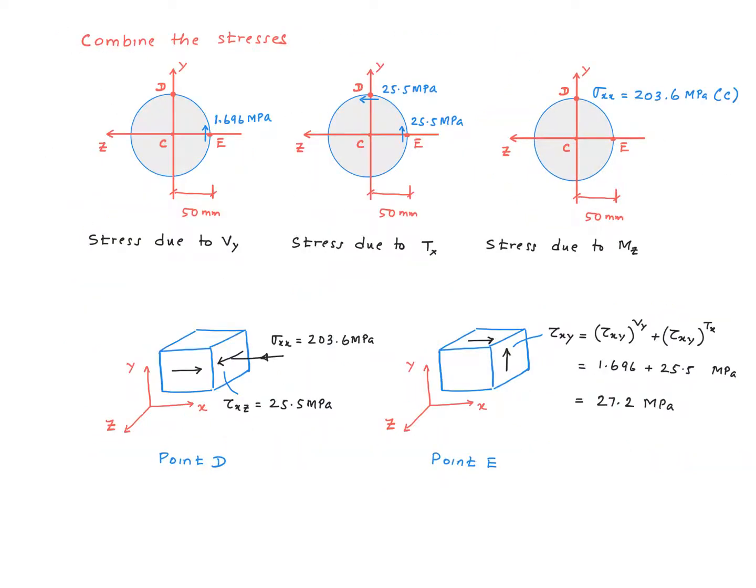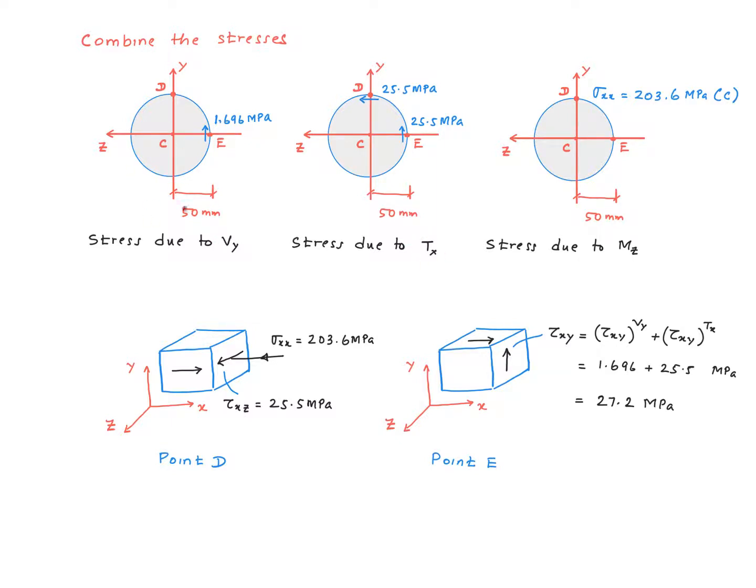Now we combine the stresses, paying attention to the type and the directions. We see that the normal stress is produced only by the bending moment, and the stress is 0 here, and the stress at this point is 203.6 megapascal compressive, and that's the only source for that. The shear stresses are produced by two different sources, the shear force Vy and the torque Tx.